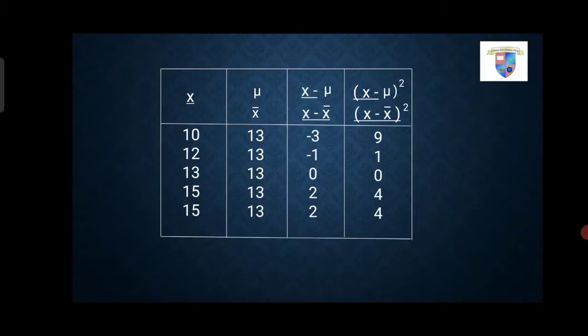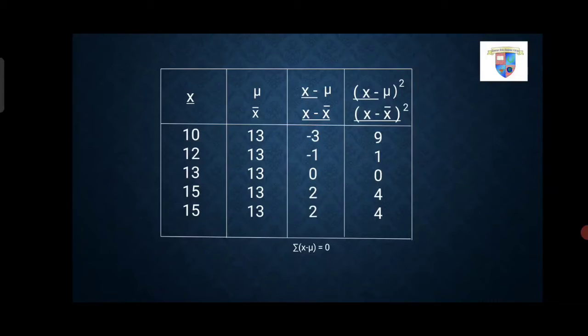The first row is 9 because -3 squared is 9, and the next one, -1 squared is 1. The third, 0 squared is 0, and the fourth, 2 squared is 4. Lastly, 2 squared is 4.